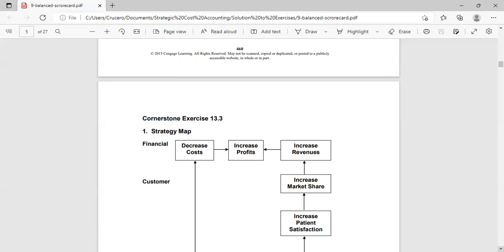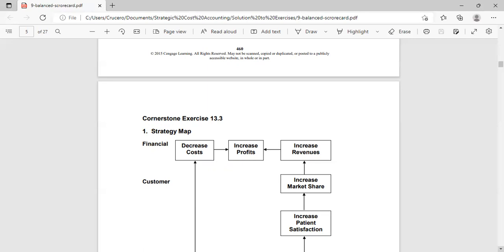Explain how a performance measure can act as both a lag and a lead variable. Okay, so we now go to requirement 1 for the strategy map.